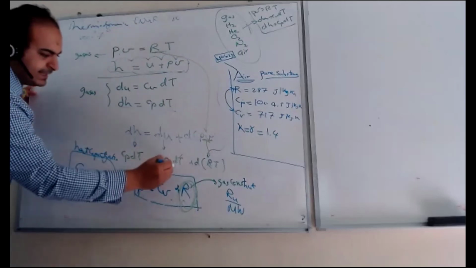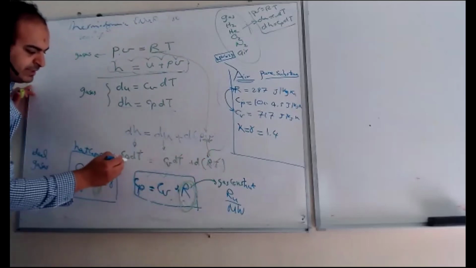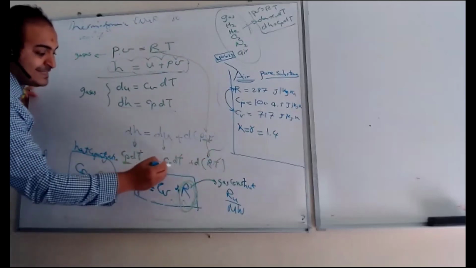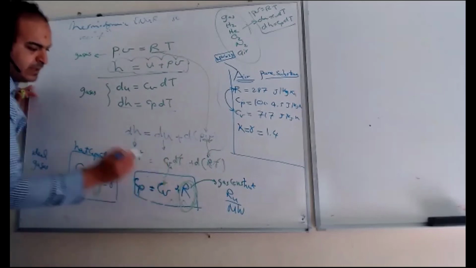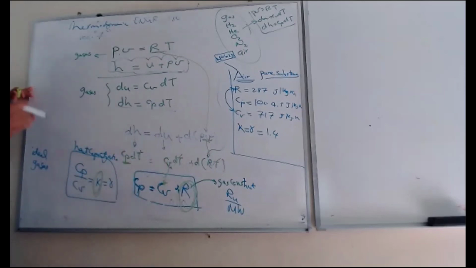So delta T cancelled. Remember, it's Cp here, Cv here, heat capacity at constant volume. It's V, usually we use V like this, for volume. Finally, R. So Cp equals Cv plus R.